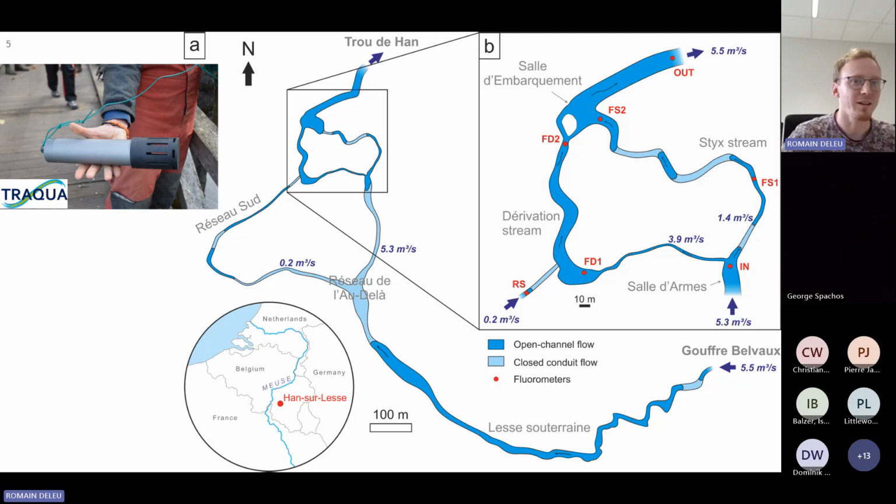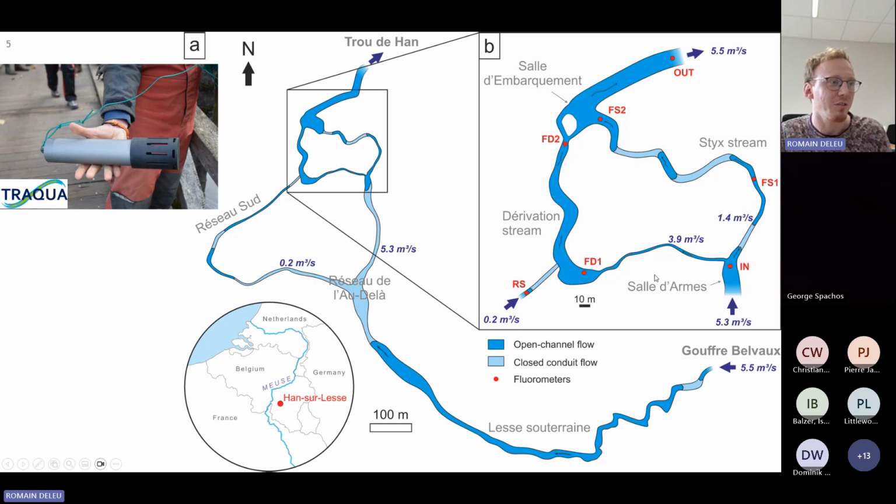And then there is the part that is interesting for us, in the square box here. We zoom in there and we have a major diffluence-confluence system where there is 1.4 cubic meters per second going right inside the stick stream and 3.9 cubic meters per second going left inside the derivation stream.